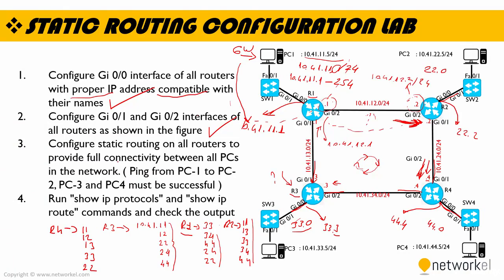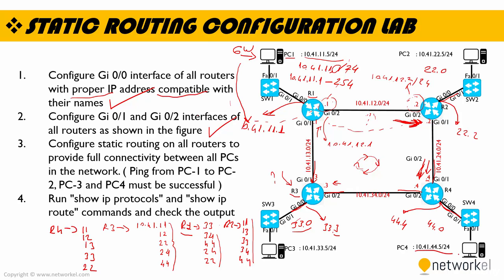If all my configurations are okay, I should pass these tests. For example, I should ping PC2 from PC1, or I should ping PC4 from PC3, but I'm gonna use ping from PC1 to PC4, for example.